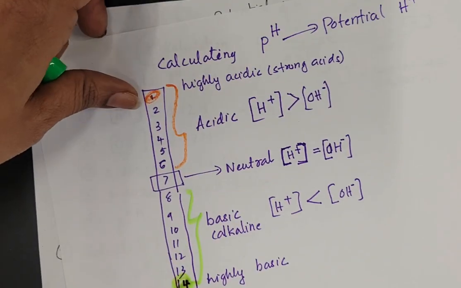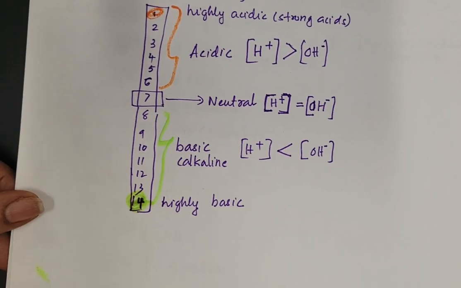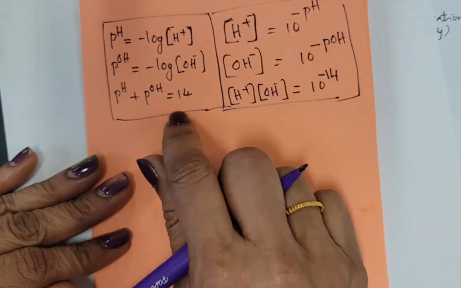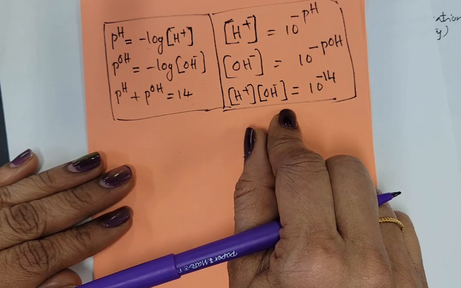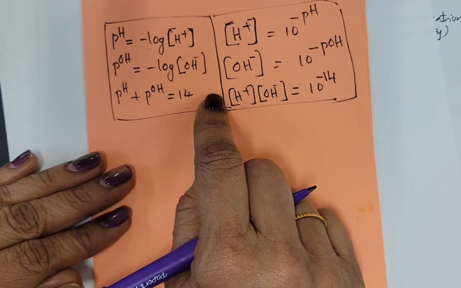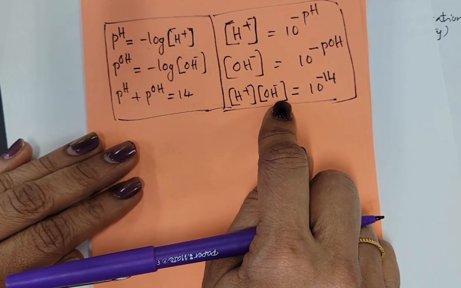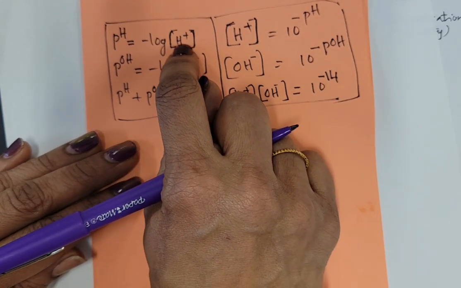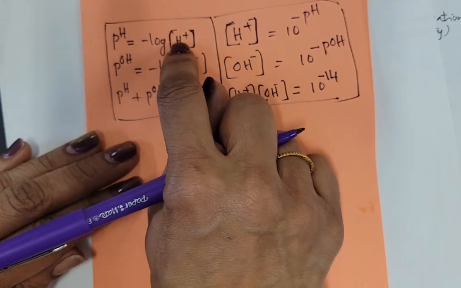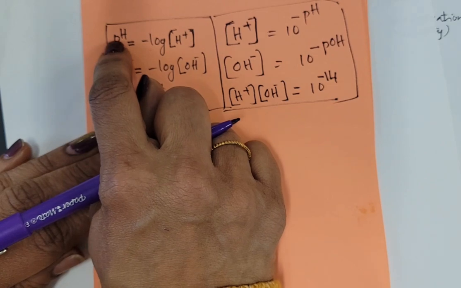Okay, so now let's see how we can do the calculations. There are multiple equations, and all these equations are on your formula sheet. We are going to use the equation according to what is given in your question. For example, if H plus ion or any acid is given, you use this equation to find pH.